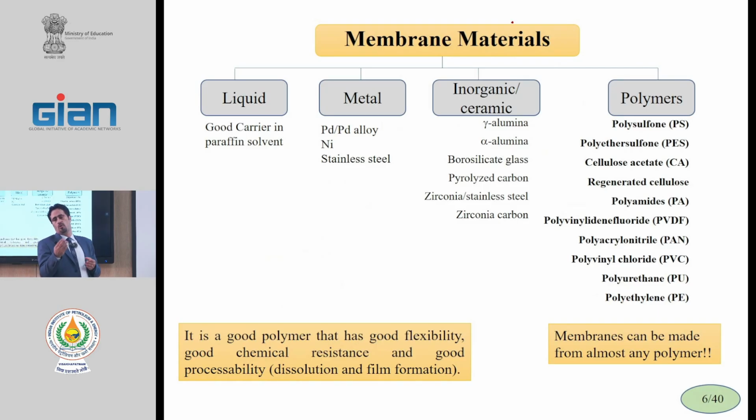I asked him the molecular weight, and he said that the molecular weight is 5,000 grams per mole. This 5,000 is not good for membrane fabrication, and when we fabricate a membrane, we see that the membrane is brittle. And we need high molecular weight for flexibility and chemical resistance.